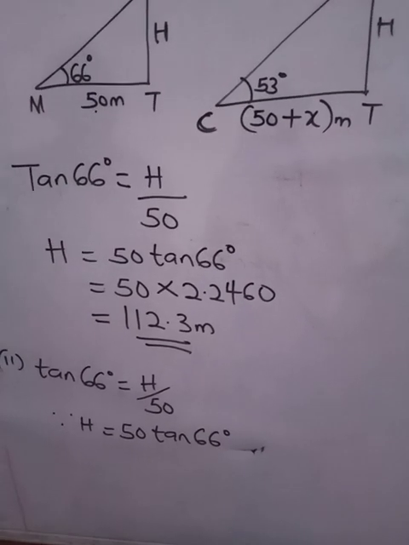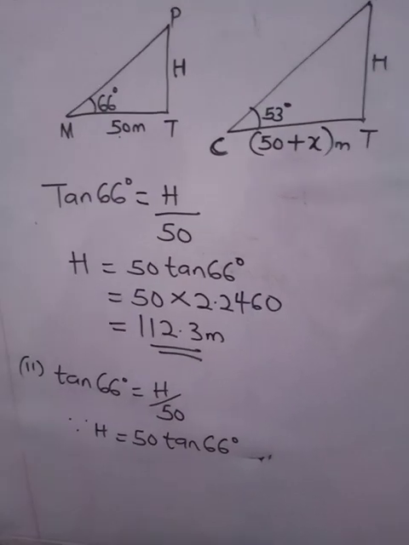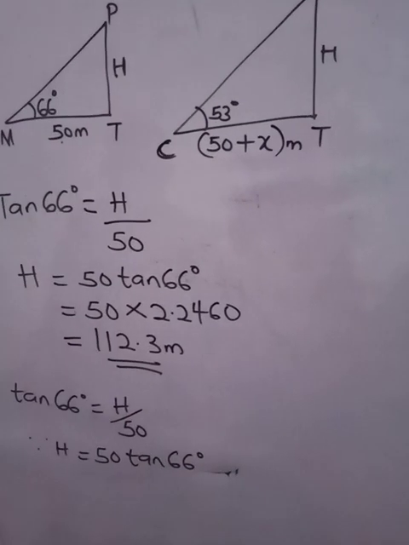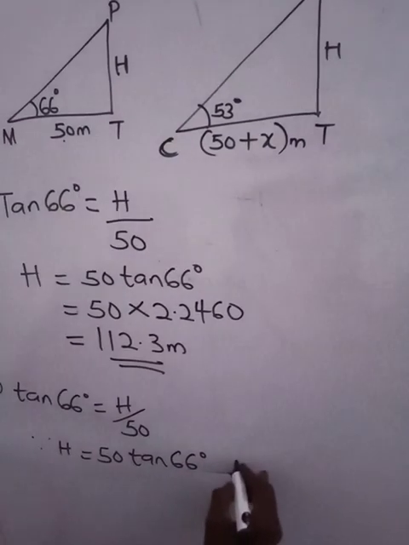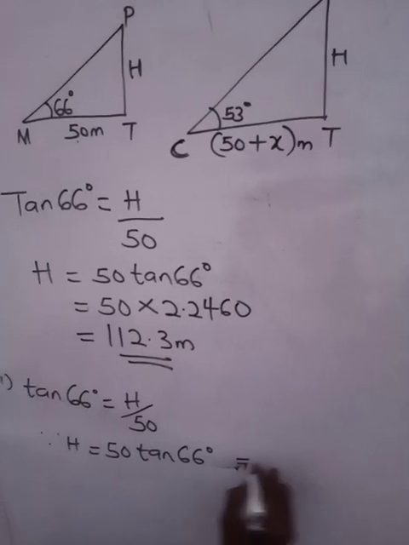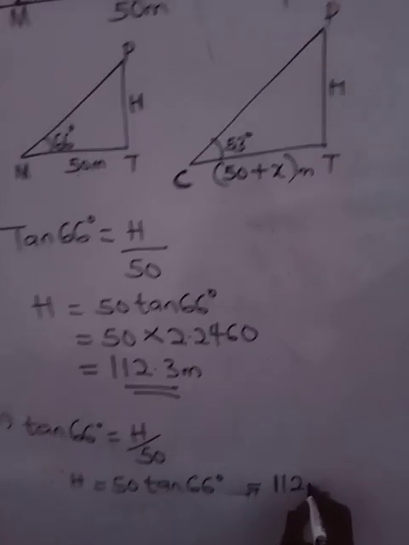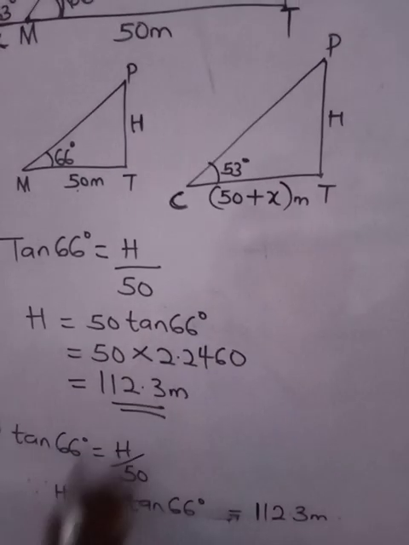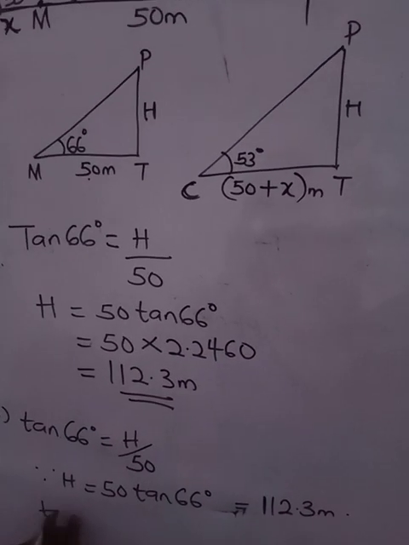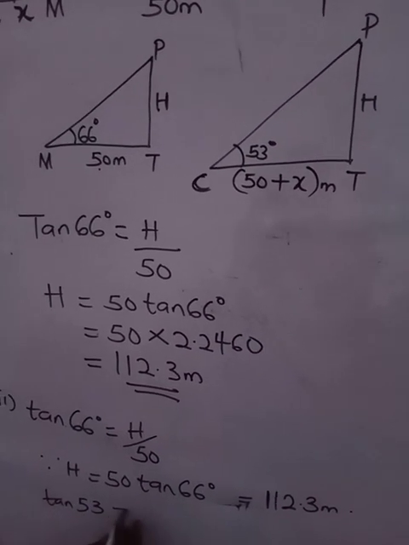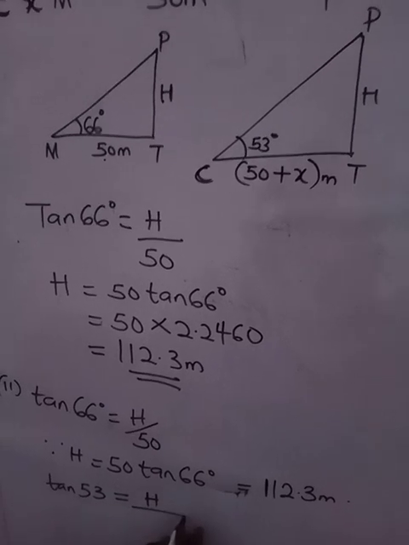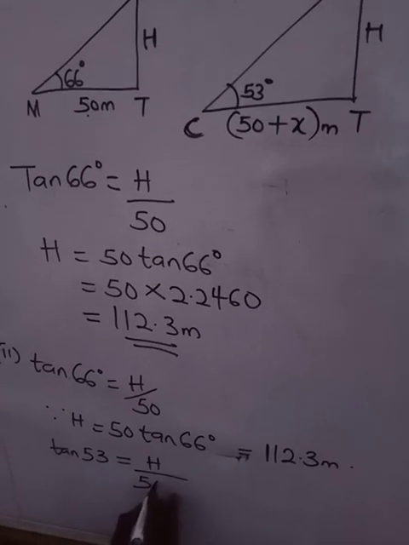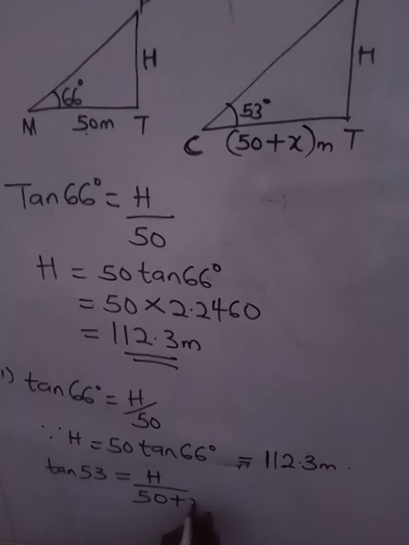So that's h. From the second one, we have gotten that to be 112.3 meters. From the second triangle, you can say tan 53, which is opposite, height, over 50 plus x.